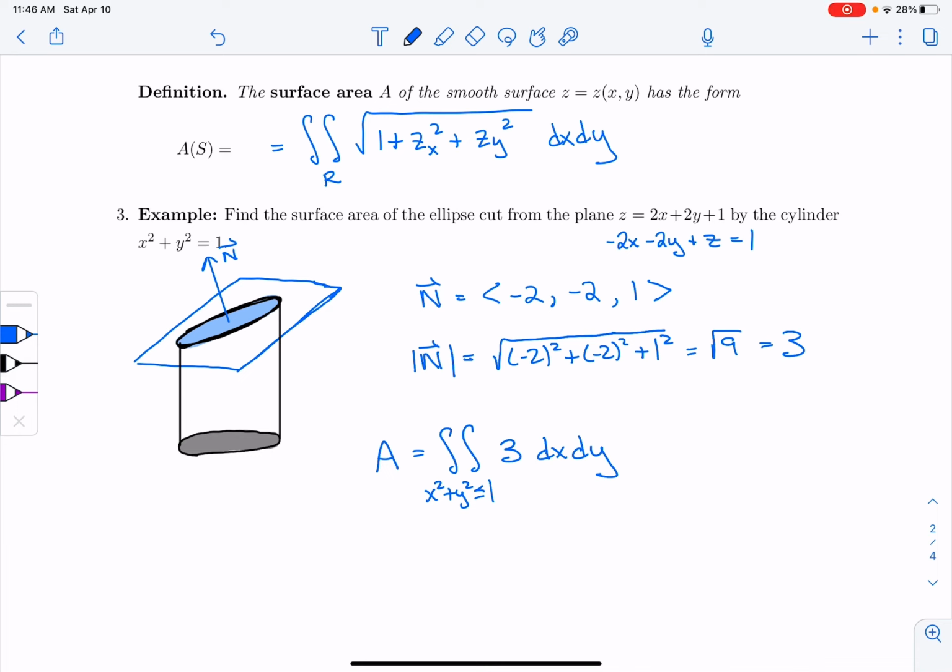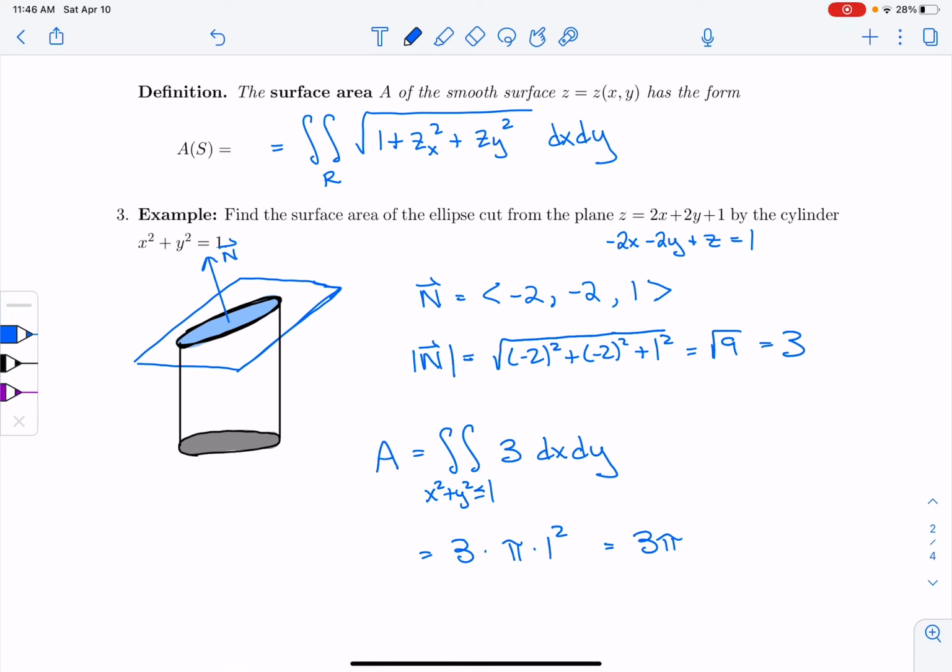But that integral is just 3 times the area of that circle, so that's 3 times pi times 1 squared. So that area is 3 pi.